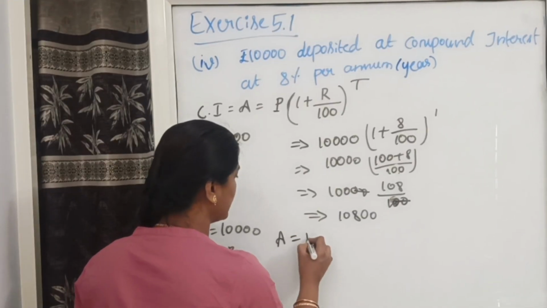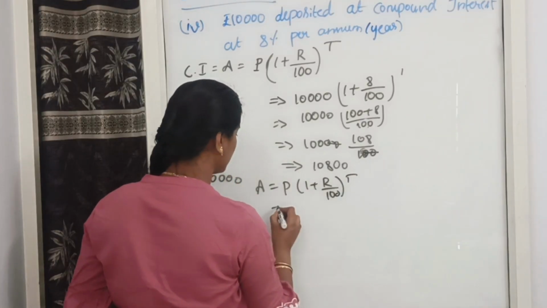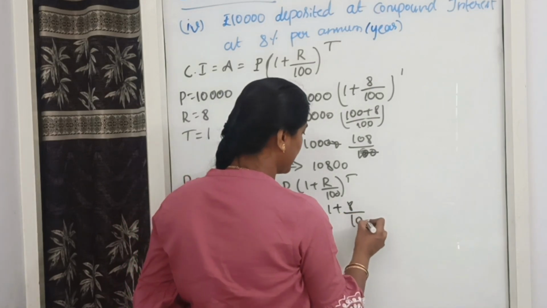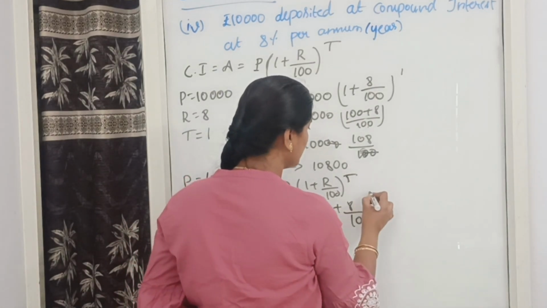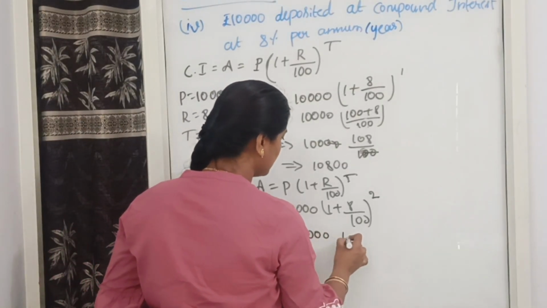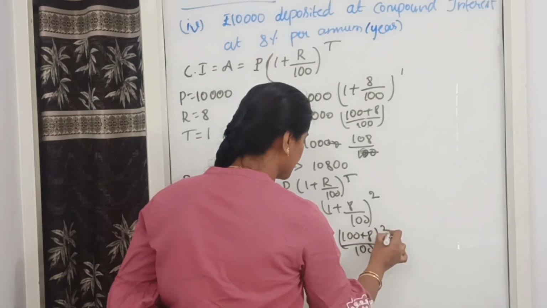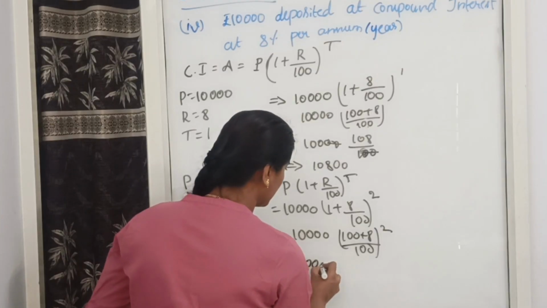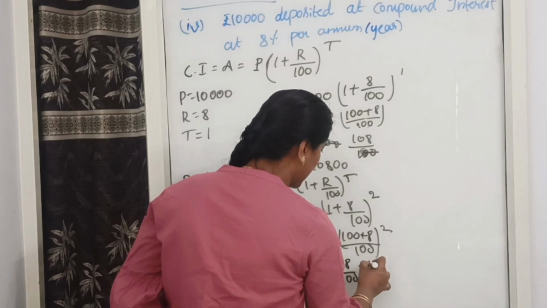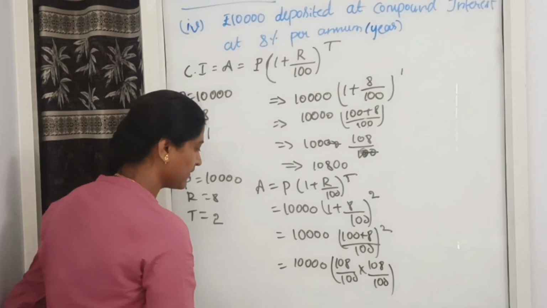Let me write the formula once again: A equals P into 1 plus R by 100, whole power T. So this is 10,000 into 1 plus 8 divided by 100, and this T is 2 now because it is the second year. 10,000 into 100 plus 8 divided by 100, whole power 2. That is 108 by 100, and square means you can write it 2 times.